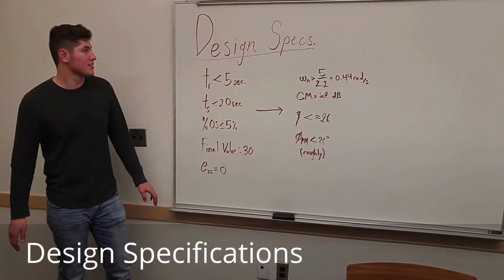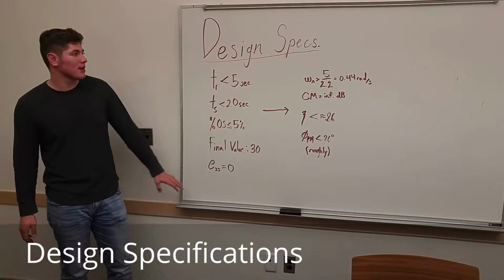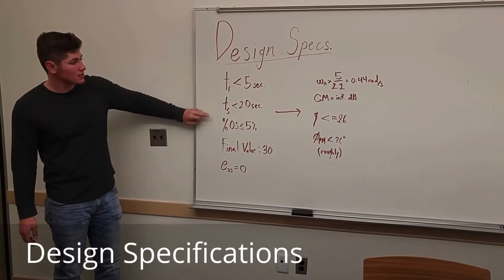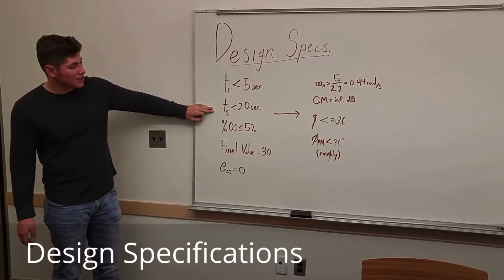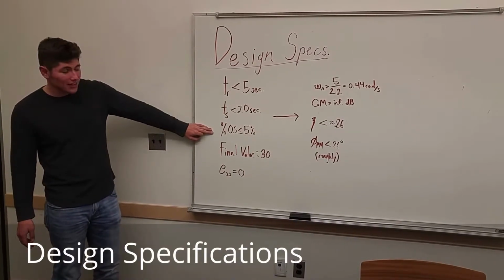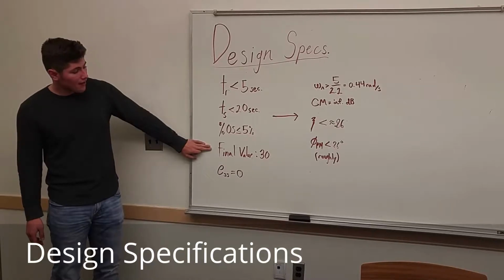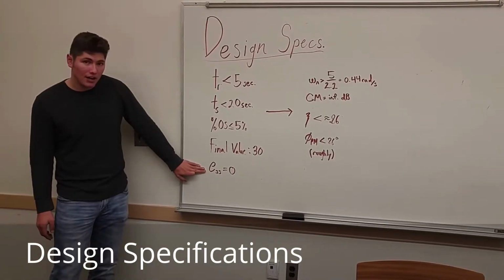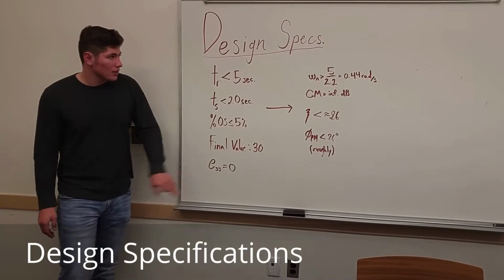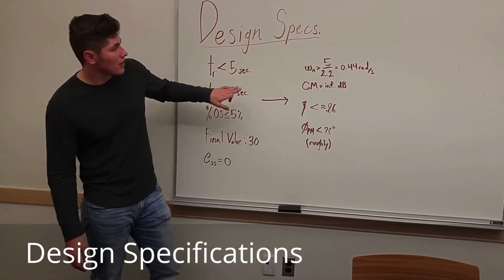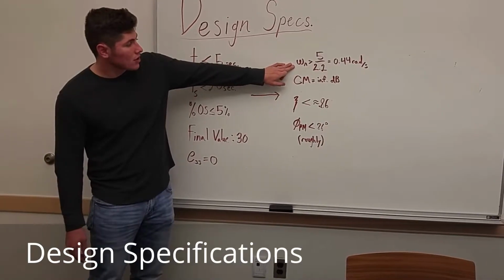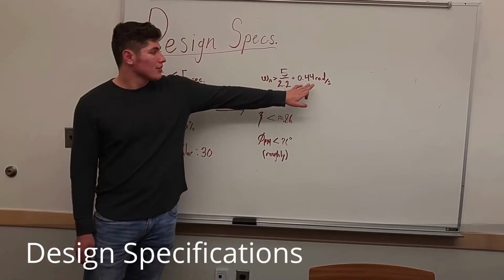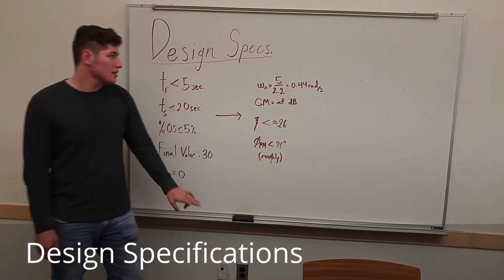So for our design specifications for our feedback system, we have a rise time of less than 5 seconds, a settling time of less than 20 seconds, a percent overshoot of less than 5%, a final value of 30, and a steady state error of 0. These translate over into having a crossover frequency on our Bode plot greater than 0.44 radians per second.